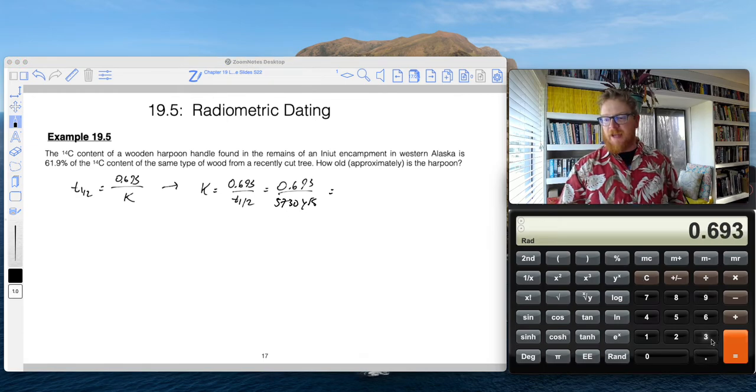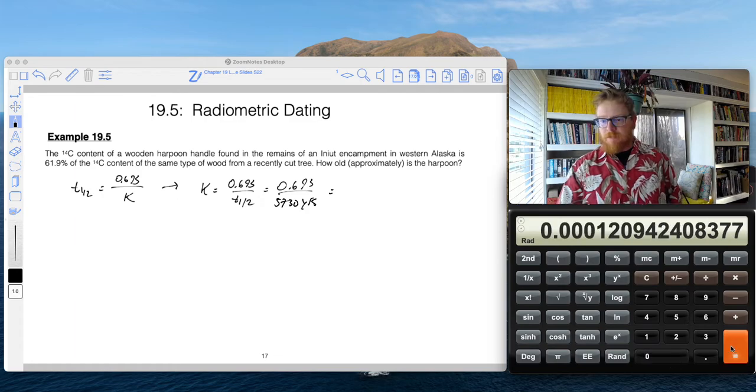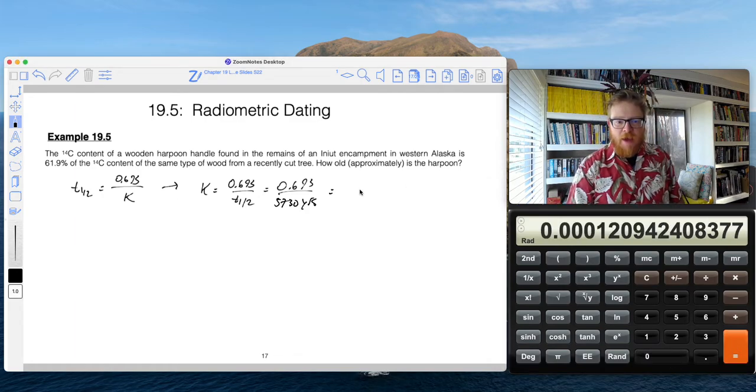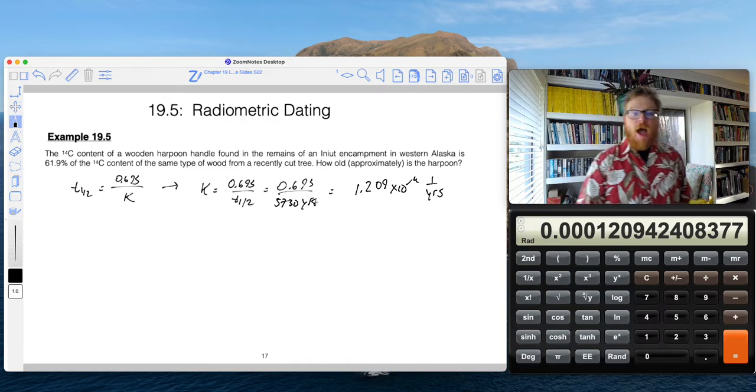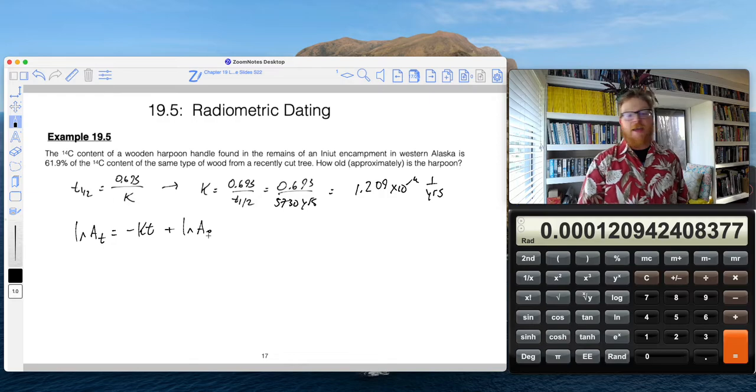That's perfectly fine, right? This radiometric dating is a slow process, and it is meant to be over periods of years or even centuries. So we get 1.209 times 10 to the minus 4, 1 over years. Now we have a rate constant, and we want to use the integrated first-order rate equation: natural log of A_t equals negative kt plus natural log of A initial.